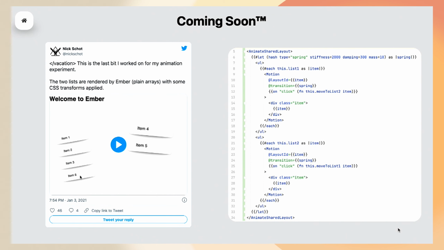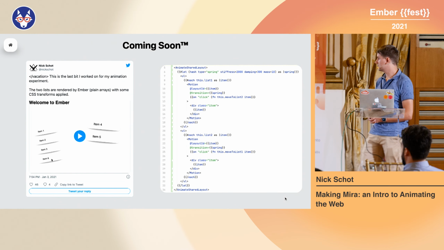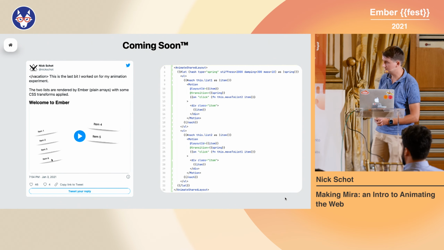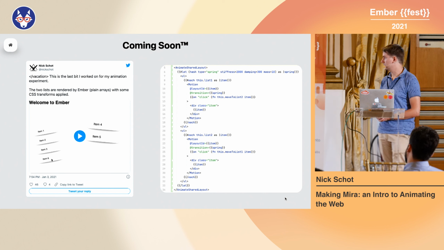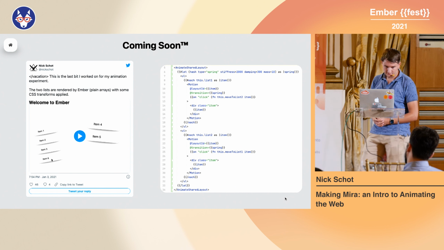I spent 2 weeks playing with a newer animation tech provided by the browser called the Web Animations API, which is basically a JavaScript version of the CSS Animations API. So you also work with keyframes, but everything is triggered from JavaScript. And what I wanted to do here is, in my opinion, quite cool.